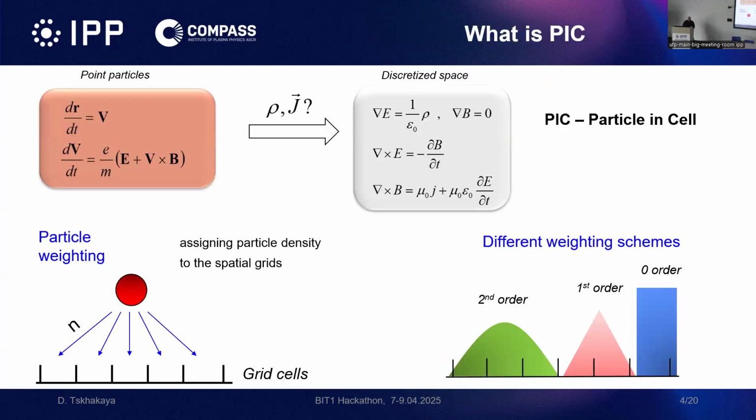So what is particle in cell? For those who don't know, in particle in cell you have point particles which move under given, well-known equations. Plasma consists of charged particles, and charged particles are subject to electric field and magnetic field actions.